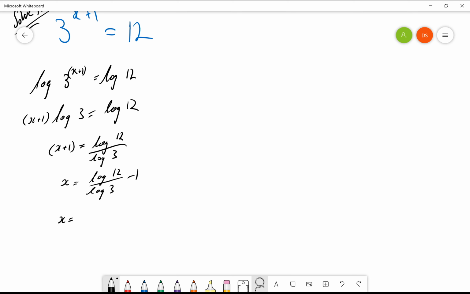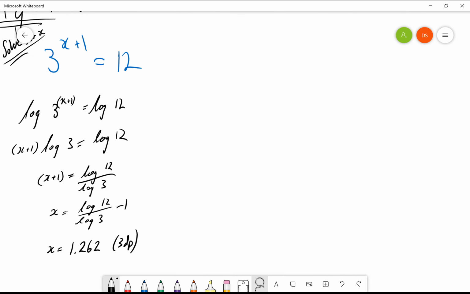Brackets log 12, close brackets, divided by log 3, close brackets, subtract 1. And for me, I get 1.262 to 3 decimal places.